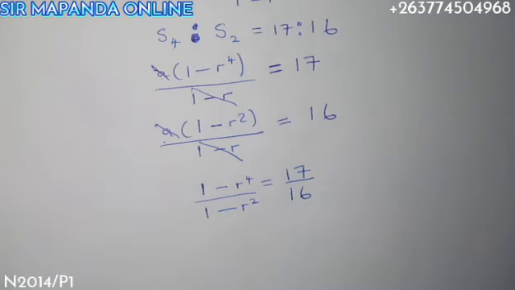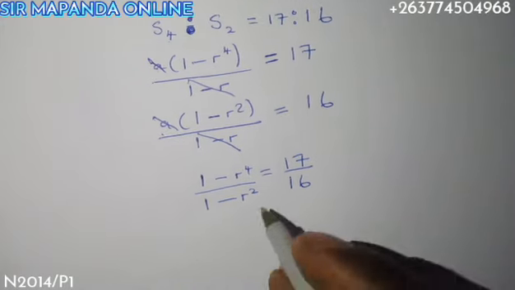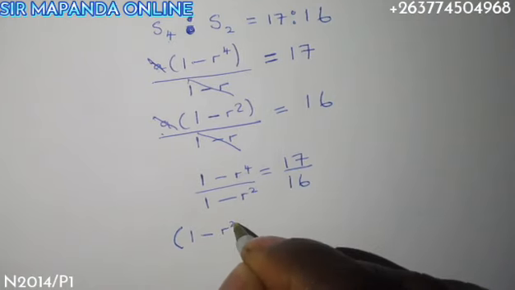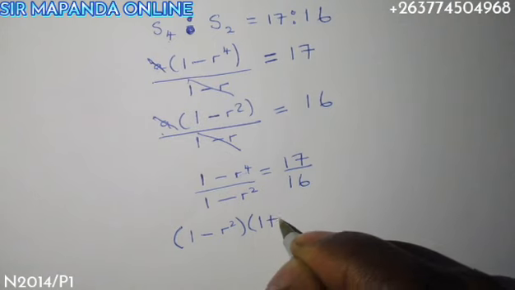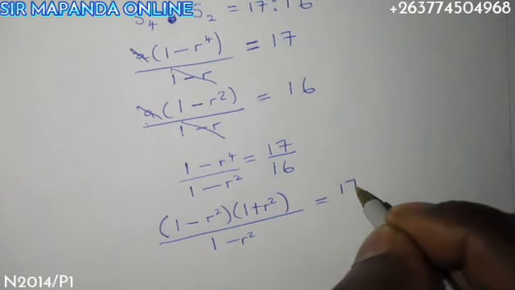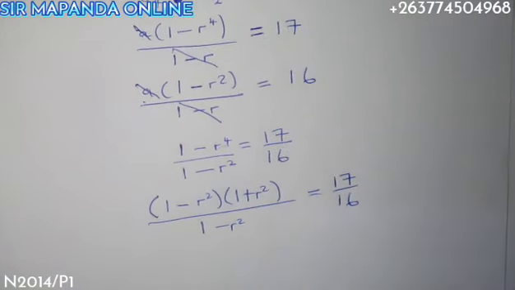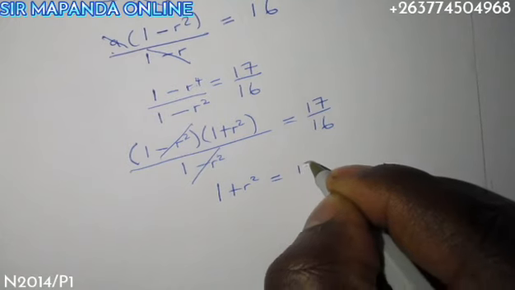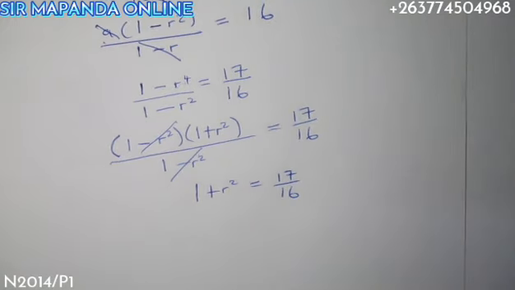Then if you look clearly, we can do something here. If we apply difference of two squares on the numerator, the square root of 1 is 1, and the square root of r to the 4 is r squared. Here you write 1 plus r squared over 1 minus r squared, equals 17 over 16. You can notice that 1 minus r squared and 1 minus r squared cancel each other off, leaving you with 1 plus r squared equals 17 over 16.